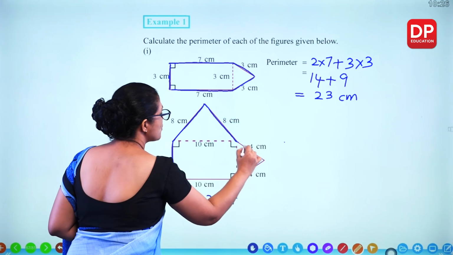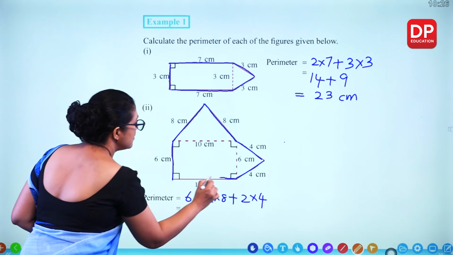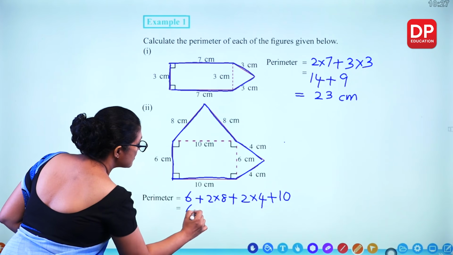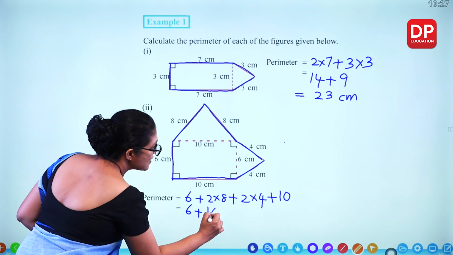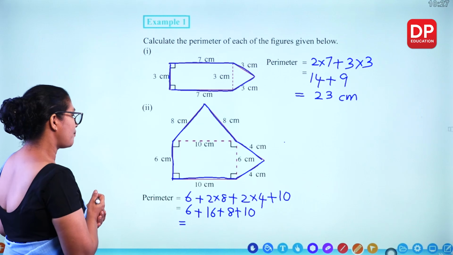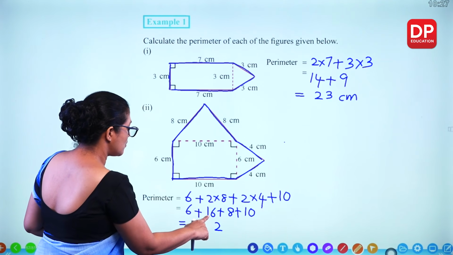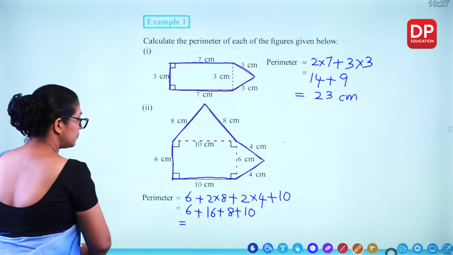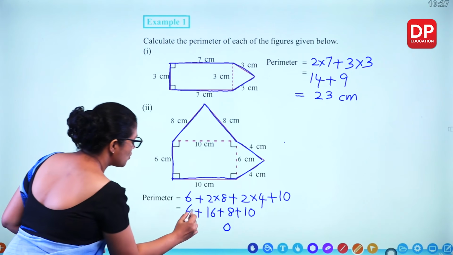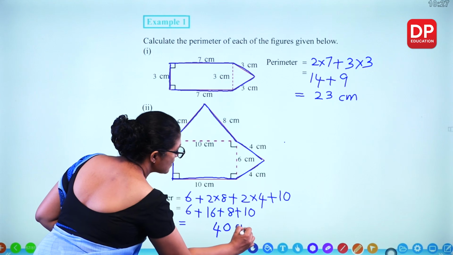Then how many 4s? 1, 2. 2 4s, and then you get 10. 6 plus 8 times 2, 16. 4 times 2, 8, and 10. Add it together. 6 and 6, 12. 12 plus 8, 20. 2 remaining. 2, 3, 4, 40 centimeters.